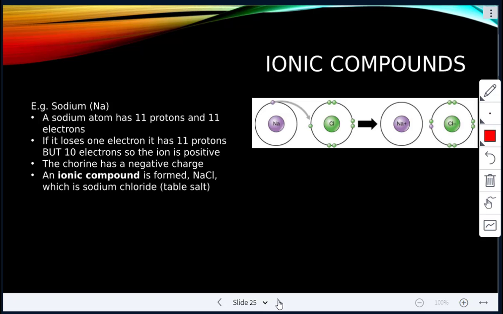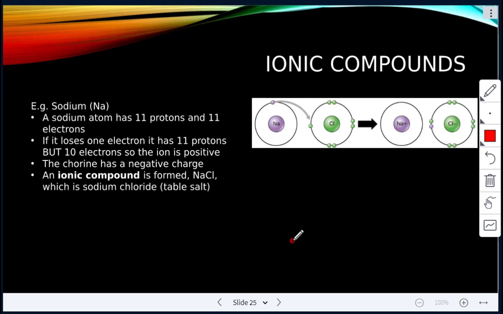All right, so here, what we're looking at is sodium, symbolized with Na. Sodium has atomic number 11, so therefore it has 11 protons and 11 electrons. That's a sodium atom. But it loses one electron.